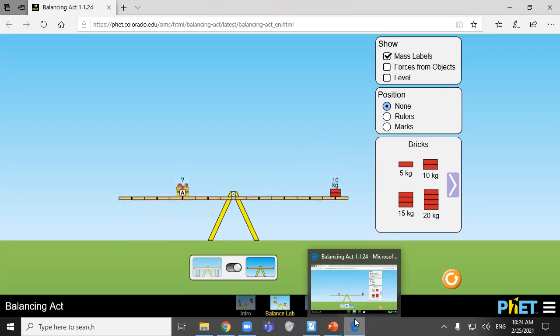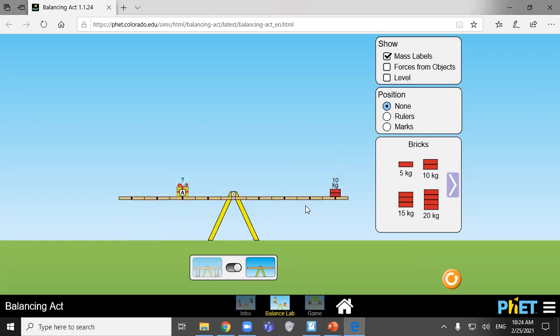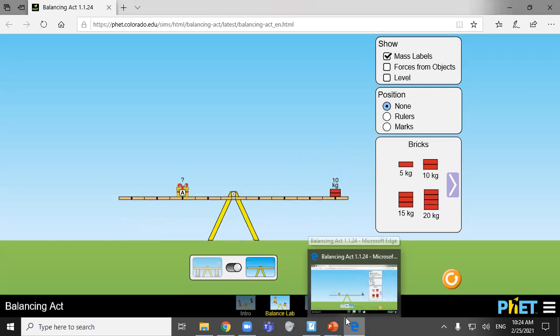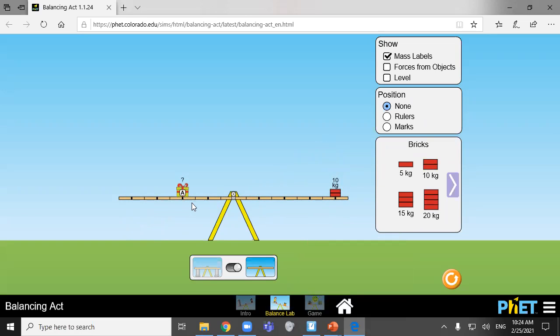We will say 10 multiplied by 1, 2, 3, 4, 40, right? The torque effect from the right side is 40. And here, multiply by 2, right? 1, 2. So A multiplied by 2 must be equal to 10 multiplied by 4. So 40 must be equal to 2A. That means A is equal to 20.